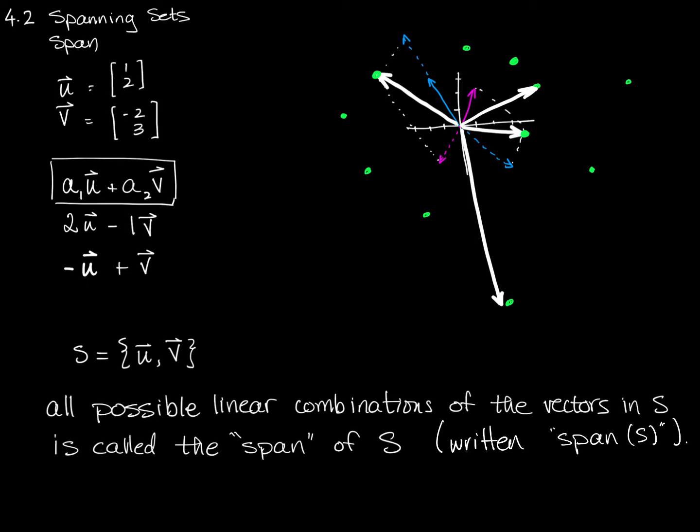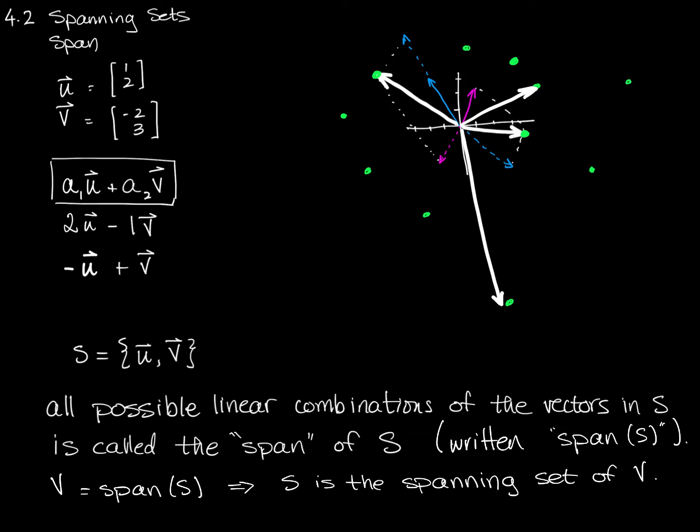And so I think what I'll do here is call the span of S, which is a set, I'm going to call that V. And when I do that, we say that S is the spanning set of V. We also say that V is spanned by S. These are really all just sort of similar ways to say the same thing.